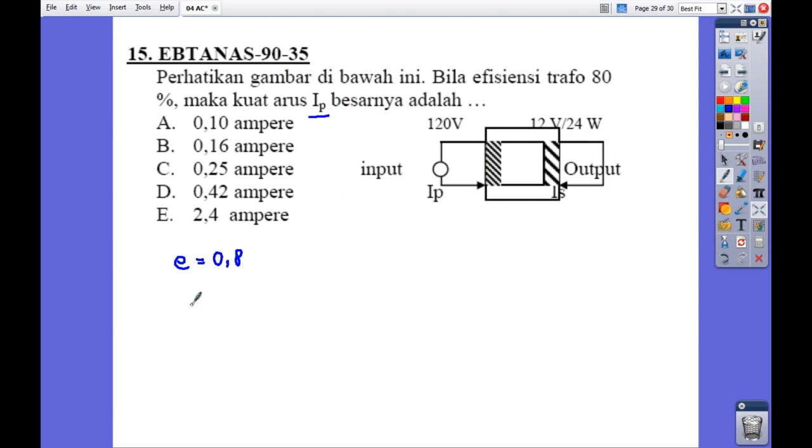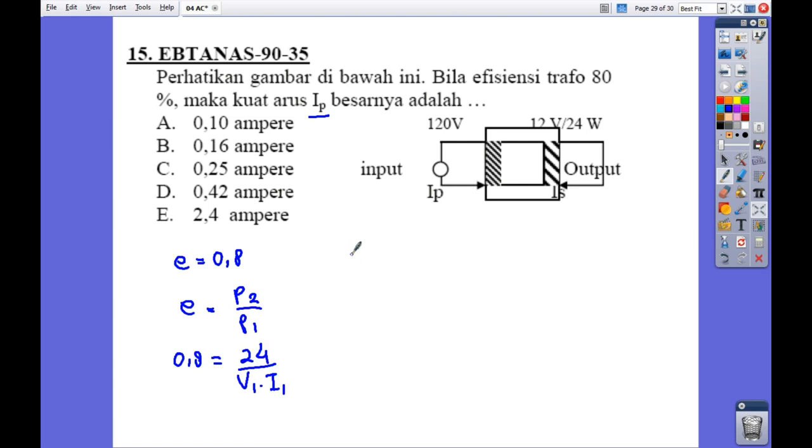So as you know that efficiency is P2 over P1, it's 0.8. P2, we know that it's 24. P1 is V1 times I1.